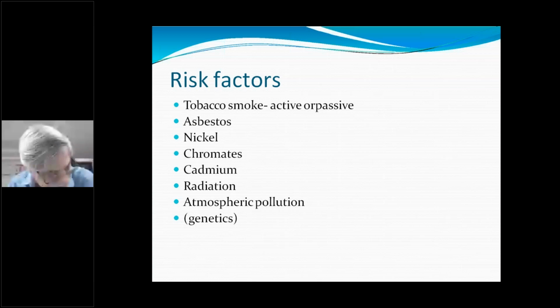Number of cigarettes smoked in a day divided by 20 gives the number of packs smoked per day, multiplied by the number of years. Suppose the patient is smoking two packets for 20 years, the pack years will be 40.